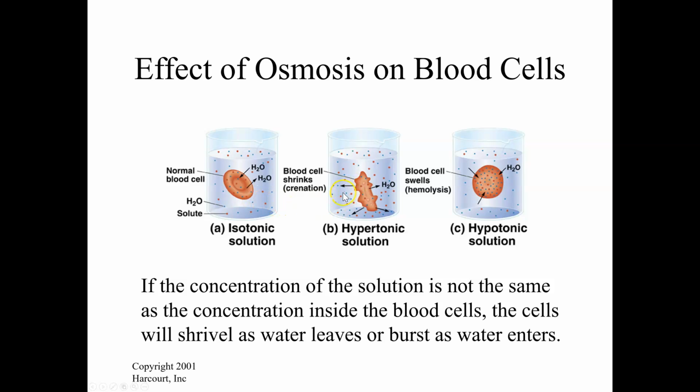But if you have too many ions in your plasma, you're going to shrink your blood cells. If you don't have enough ions in your plasma, the water is going to go into the cell and can burst your blood cells. So we care about the concentrations of ions in your bloodstream, in your plasma, so that we can have healthy blood cells.